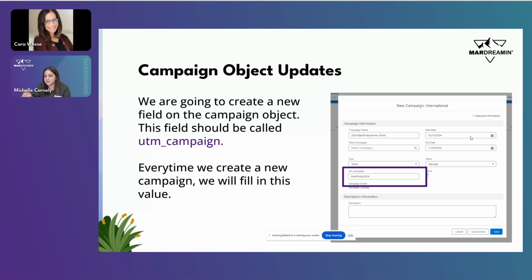And you can see on the screenshot, the value for that is exactly the same. We have it set up to be Black Friday 2024. Those values do need to match exactly. So this is the only new step that we're really going to add to our day-to-day process: every time we create a new campaign, we're going to add a value for this UTM campaign field that's going to match the value you're using in your URLs.